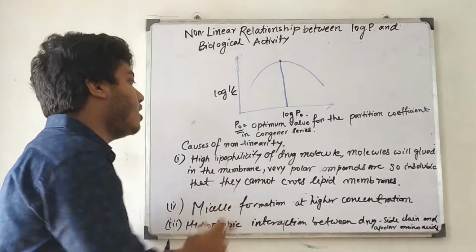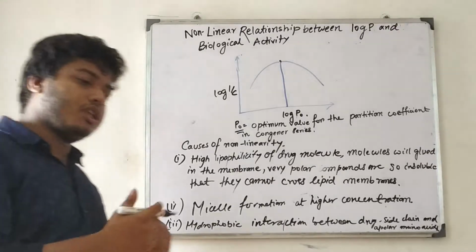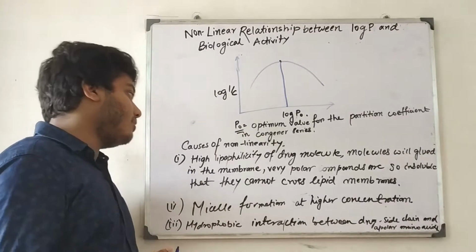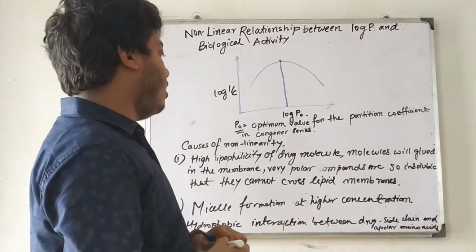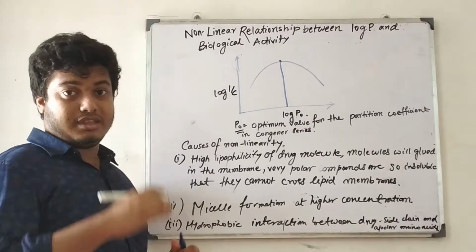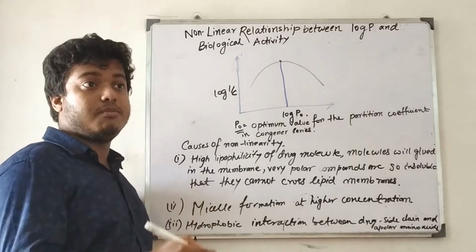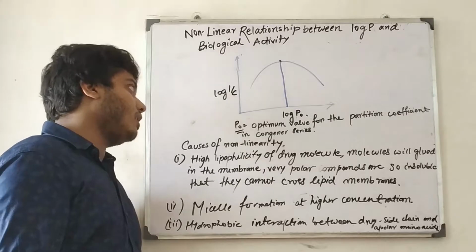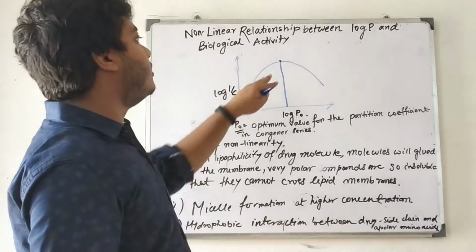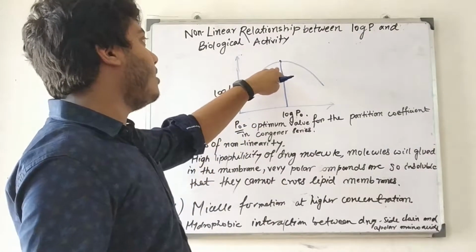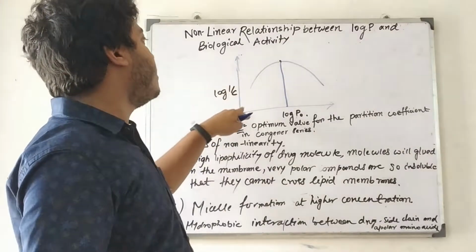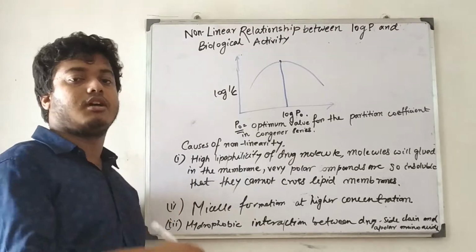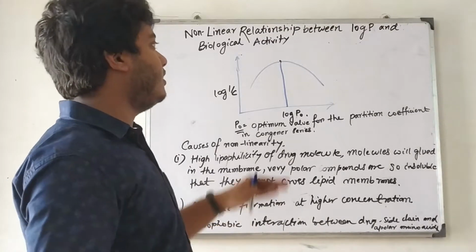As they cling together, these molecules are very difficult to displace from that lipophilic membrane. So they cannot cross the lipid membranes and enter another polar phase. Due to that reason, up to some extent the biological effect increases with the concentration, but after that it starts declining.